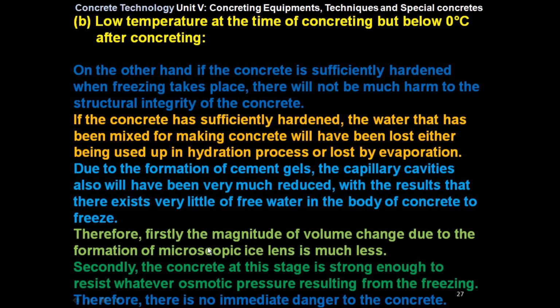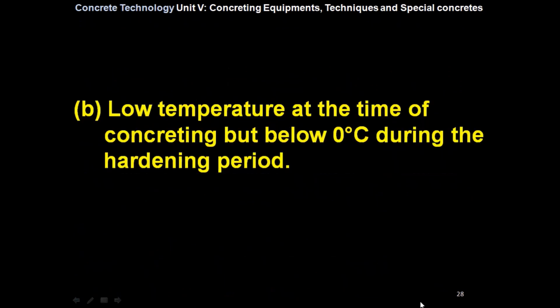Therefore, firstly, the magnitude of volume change due to the formation of microscopic ice lenses is much less. Secondly, the concrete at this stage is strong enough to resist whatever osmotic pressure results from the freezing. Therefore, there is no immediate danger to the concrete.